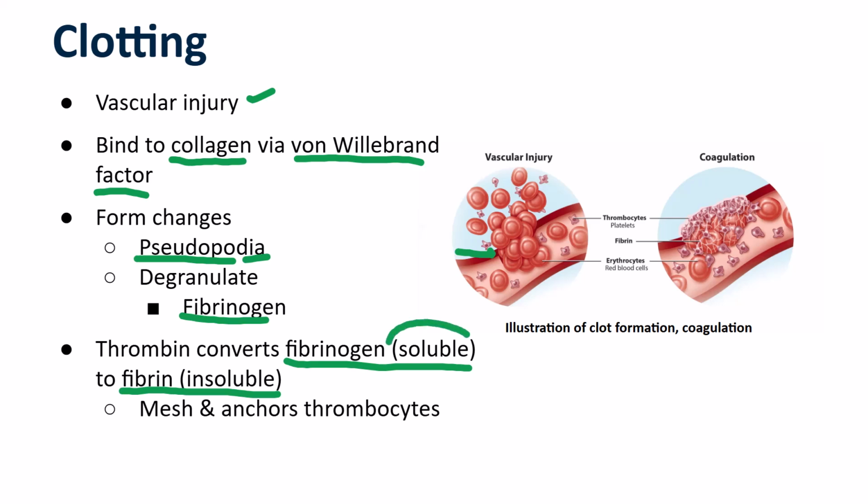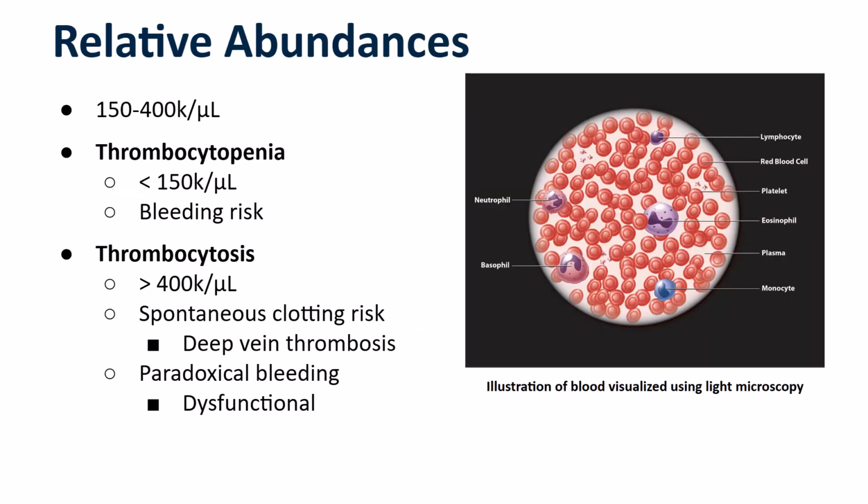So soluble, so dissolved in the plasma of blood, to insoluble. That insoluble fibrin forms a mesh, and it really anchors more thrombocytes into place, which is the basis behind coagulation, that is the clot.